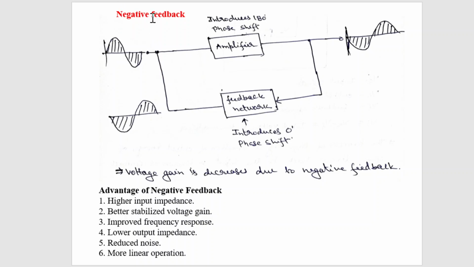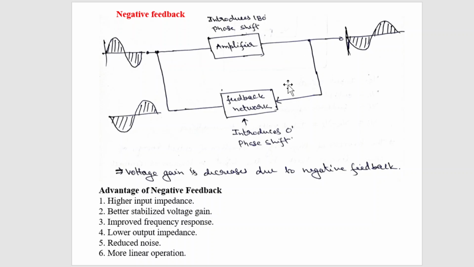The concept of negative feedback is that if the input signal and the feedback signal are opposite in phase, having some change in phase, then that feedback is called negative feedback.